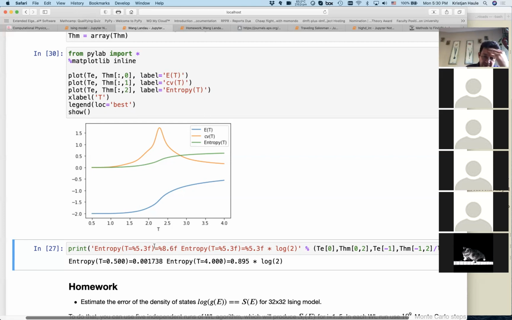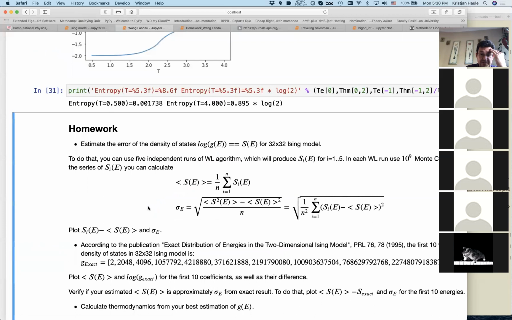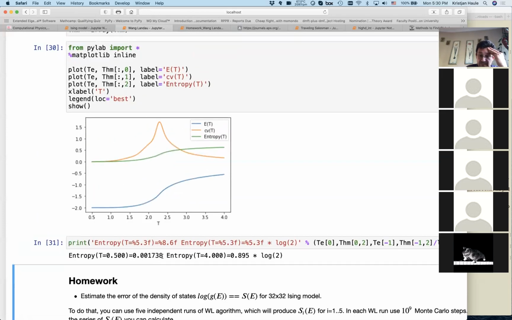We can then check. Here I printed entropy at the lowest possible temperature that we have, which is 0.5, and we see that indeed entropy at 0.5 is very, very small. While entropy at the highest possible temperature, which is 4 in this case, is almost 90% of log 2.